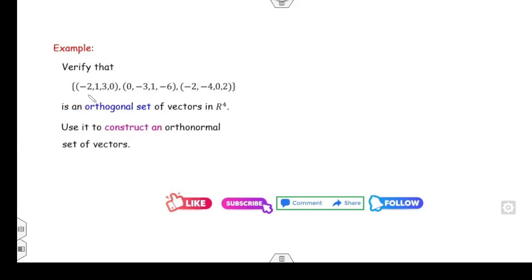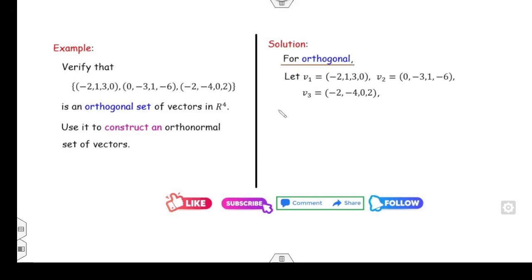Verify whether the vectors, I call this vector v1, vector v2, and this v3, form an orthogonal set. That means your target is to prove v1 dot v2 is 0, v1 dot v3 is 0, and v2 dot v3 is 0. Fine. Let's start with v1 dot v2.